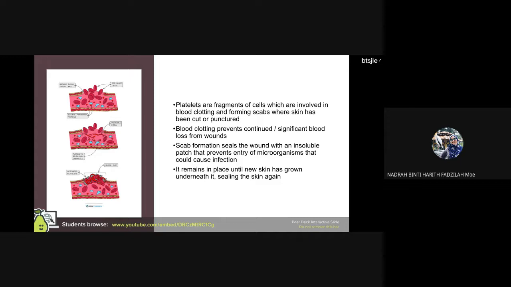So sebelum ini fibrinogen tu is in the form of soluble protein. So it will stay in the blood plasma in the form of soluble protein. So when there is an injured blood vessel, the soluble fibrinogen will undergo a series of reaction occurs inside our blood to change the soluble fibrinogen to become fibrin. Itu yang kita nampak jaring warna pink dalam video tadi tu kan.